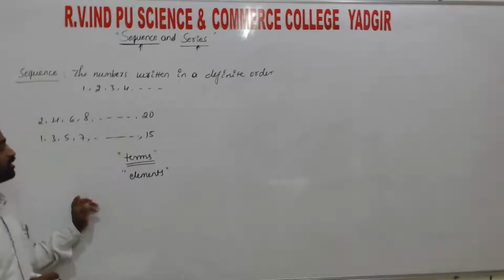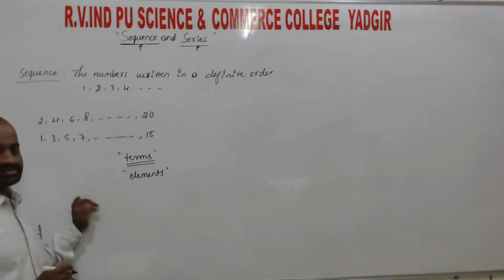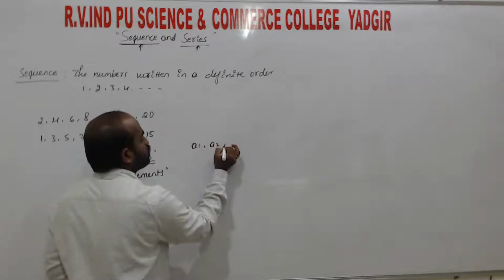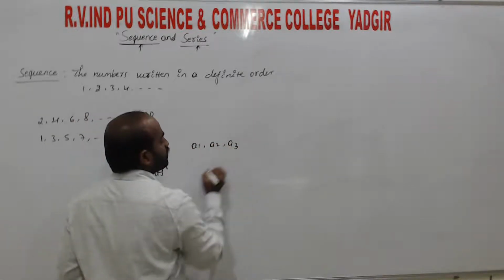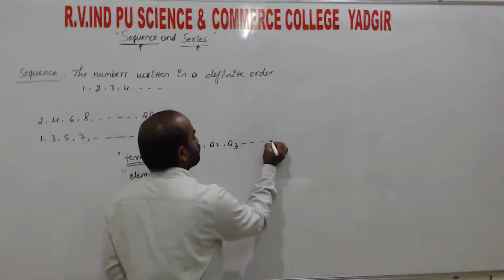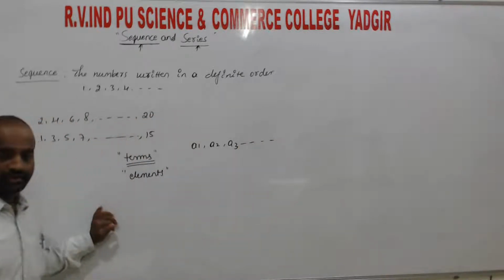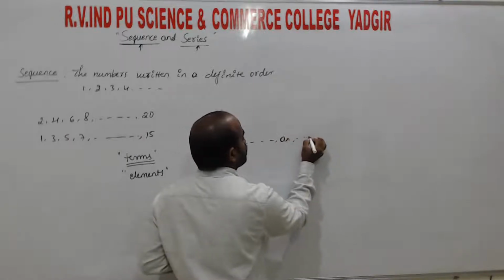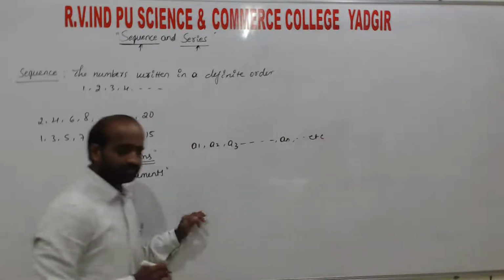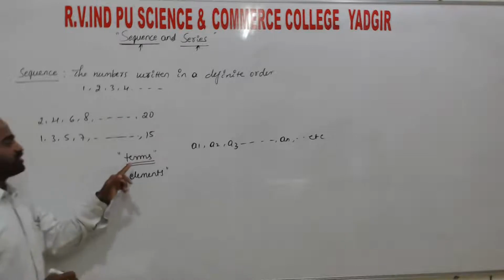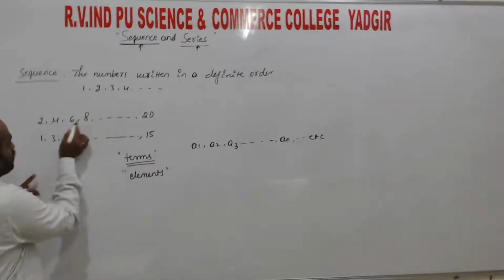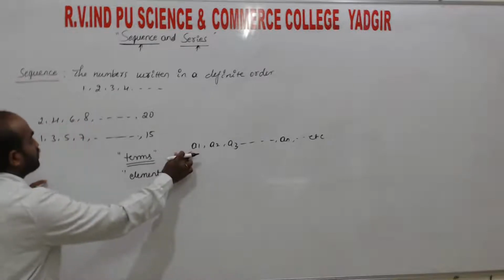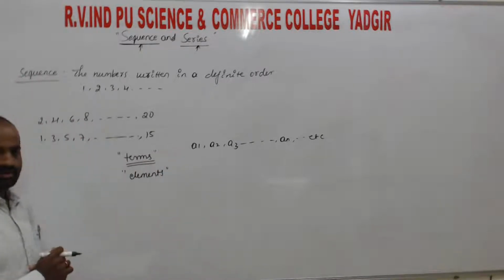We denote the terms of a sequence by A1, A2, A3, and so on, An, etc. These are the terms: first term, second term, third term. A1 means 2 here.